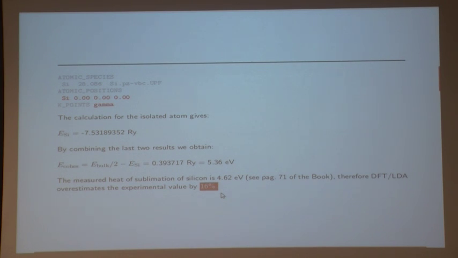In the case of graphite, you have a layer structure, so it's graphene layers stacked on top of each other. What you will see is that the bond length, the lattice parameter in the graphene plane, is almost perfect compared to experiment. But the interlayer separation is much more tricky to get right, and that's because there is very little electron density in the middle.